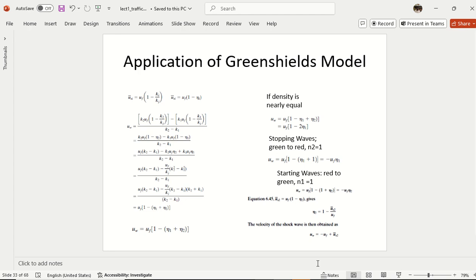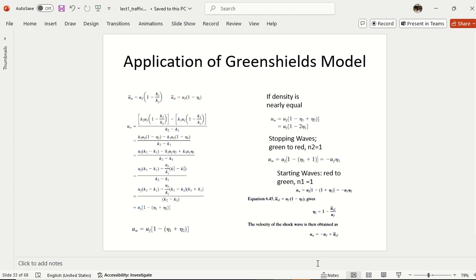Then we know this was the speed equation, right? The original one. If you derive this equation for eta 2, then this is what we have. The actual equation is this one: US equals UF into 1 minus eta.